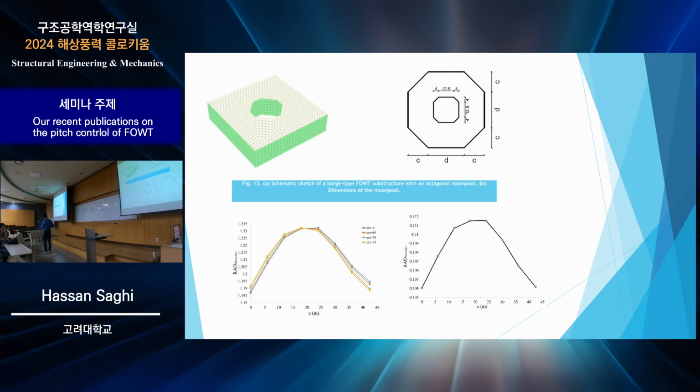In the next step, we modeled an octagonal platform with the optimum model we selected in the previous section, and we modeled different platform geometries and compared them in this figure. You can see our different C, and we selected the optimum.